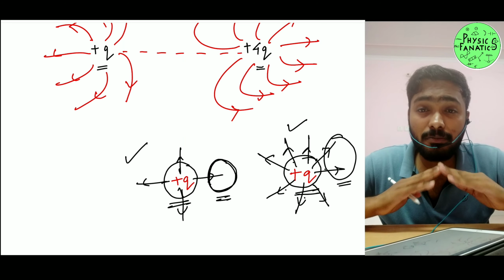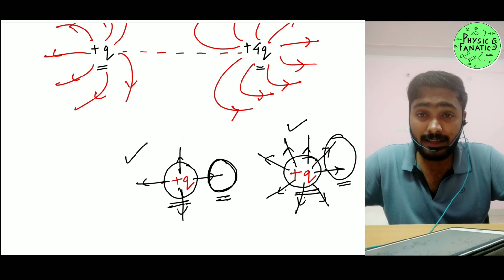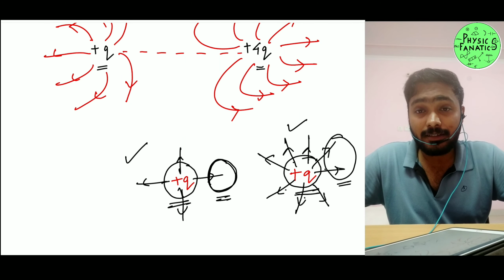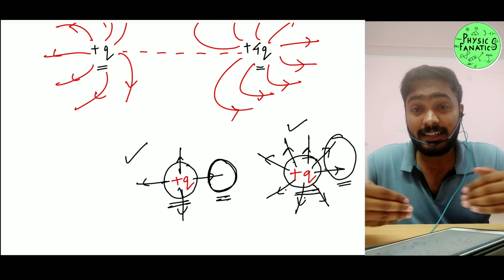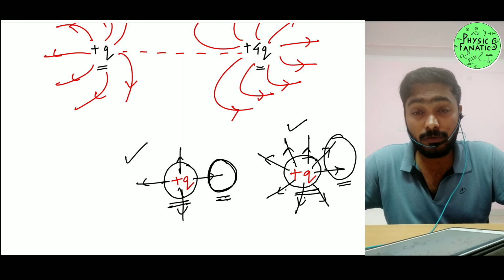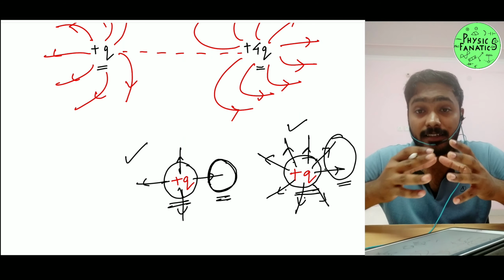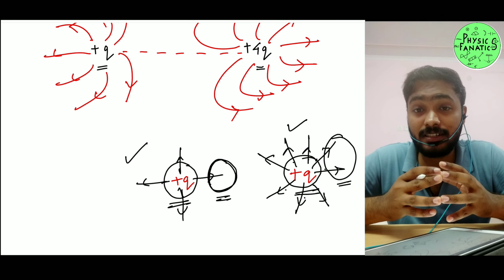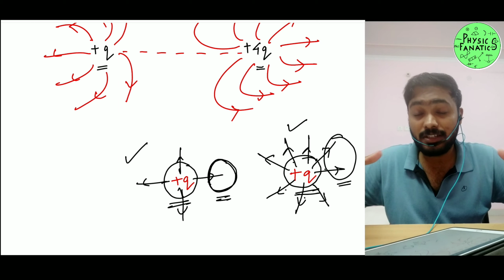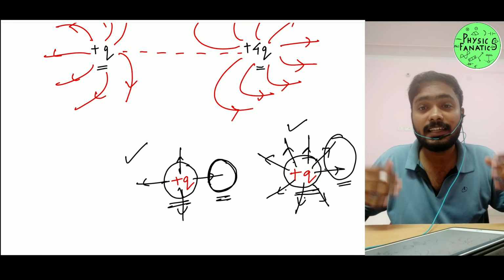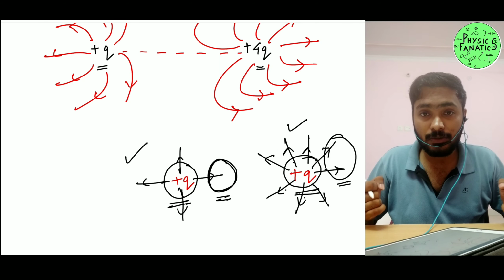So it does not matter how many electric field lines you make. The main thing is that you represent that electric field lines are going radially outward, and that the strength is higher near the charge and, as you go away from the charge, the strength starts getting reduced.